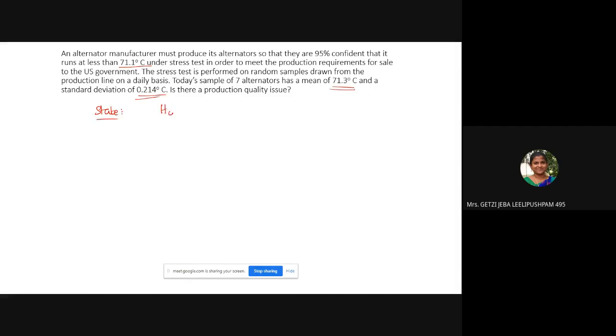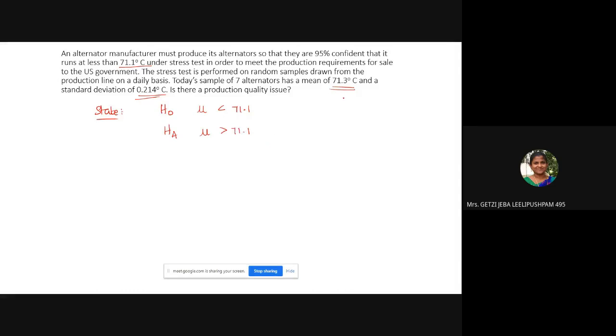What is the null hypothesis? The null hypothesis says that the population mean is less than 71.1. All right, that is the 95% accepted truth. But what was proposed? The alternate hypothesis rejects that and says it is greater than 71.1.